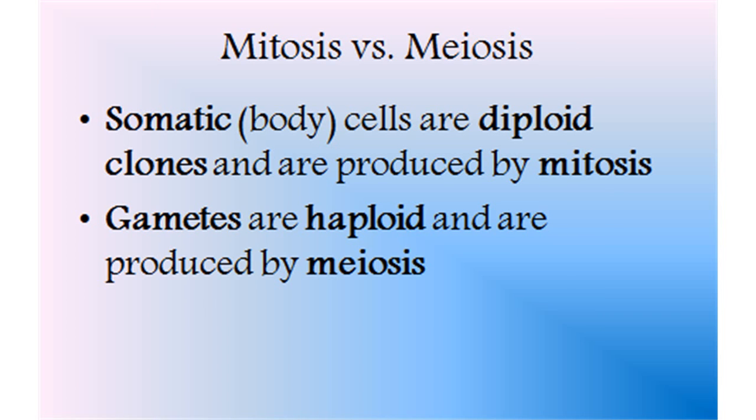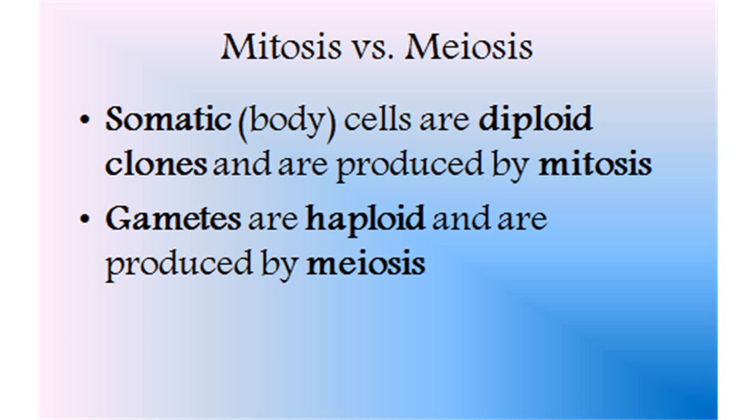Now we come to the end of our lesson where I just want to contrast and compare a few things between mitosis and meiosis. Mitosis is what produces somatic cells. These are body cells. Most of the cells in your body are somatic. And these cells that are produced are diploid and they are exact clones, so they're exactly genetically like the mother cell.